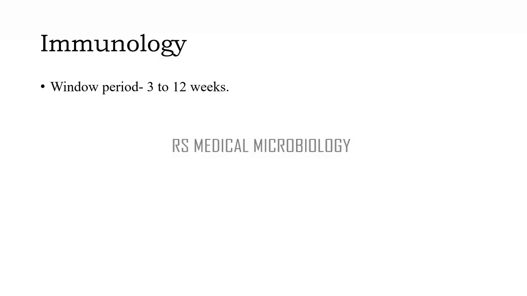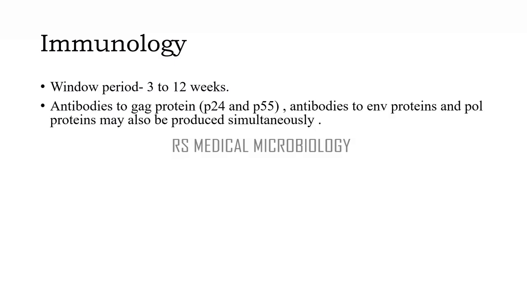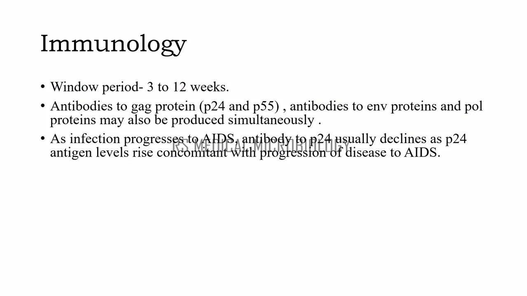The window period is around 3 to 12 weeks. The antibodies to P24 and P55 will slowly develop, and they will be produced at more or less the same time. As the infection progresses, the antibody to P24 will slowly come down, and whenever you see a reappearance of P24 antigen, that means the patient has ended up in a very severe stage 4 disease.